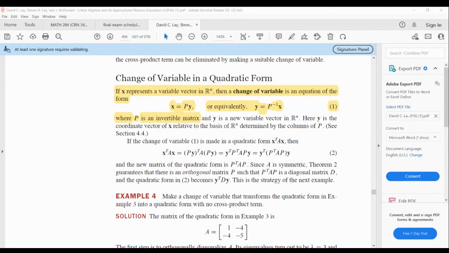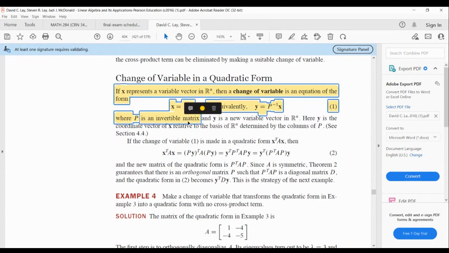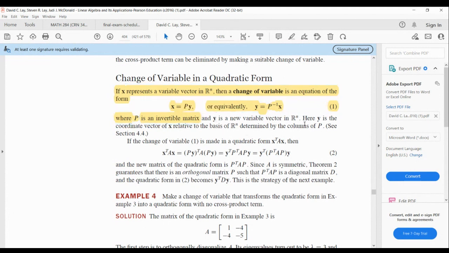And note, very interestingly, they comment here that the vector y is actually the coordinate vector of x relative to the basis determined by the columns of P. And that's absolutely true.